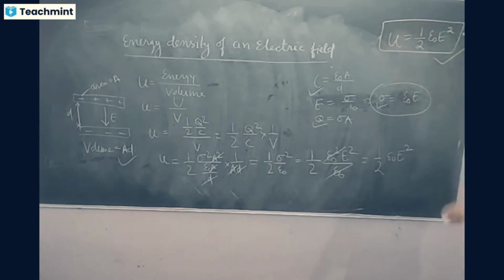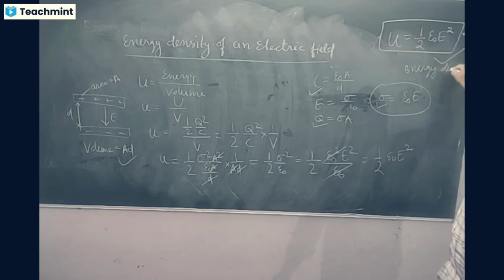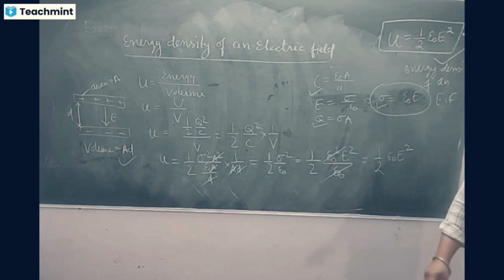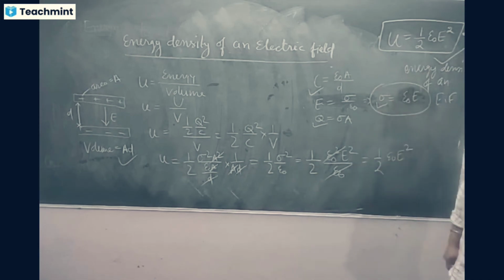This is the formula of the energy density of an electric field, where epsilon naught is the permittivity of free space and E is the electric field between the plates. So the energy density is given by U equals half epsilon naught E square.